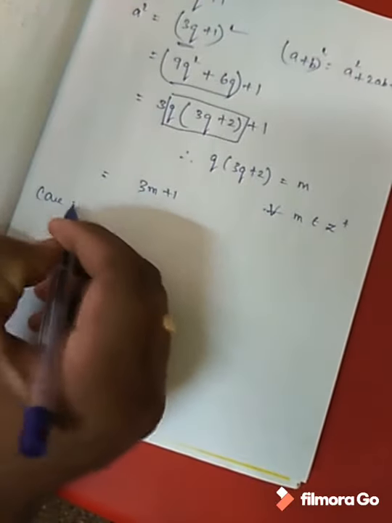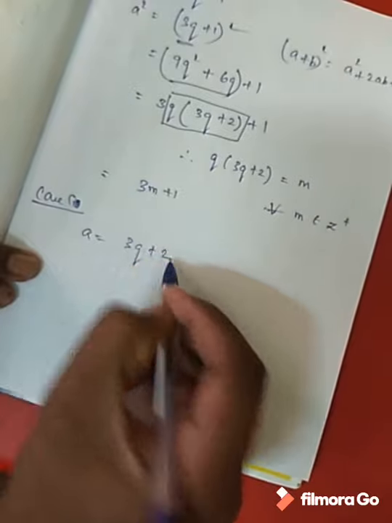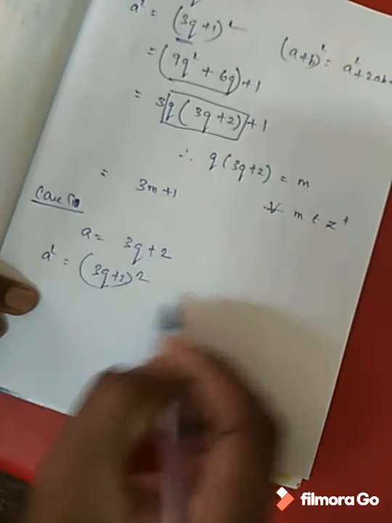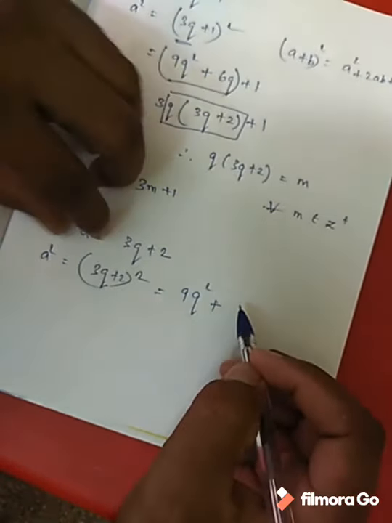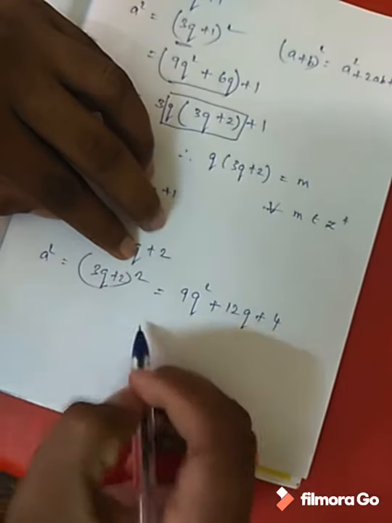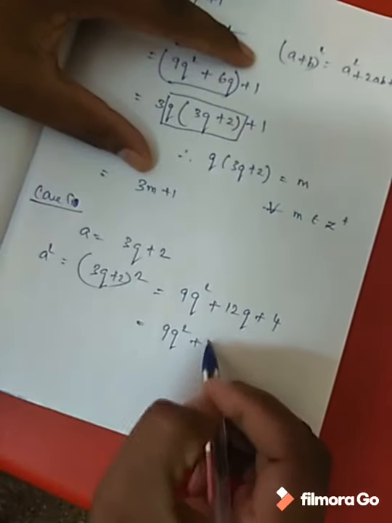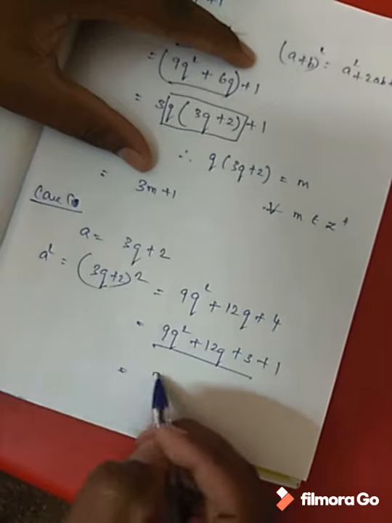Next, case 3, I can take a is equal to 3q plus 2. Again squaring, a square is equal to 3q plus 2 the whole square, which is equal to 9q square plus 2 into 3 into 2, 12q plus 4. So I can write 9q square plus 12q plus 3 plus 1. From these three terms I can take 3 as common.